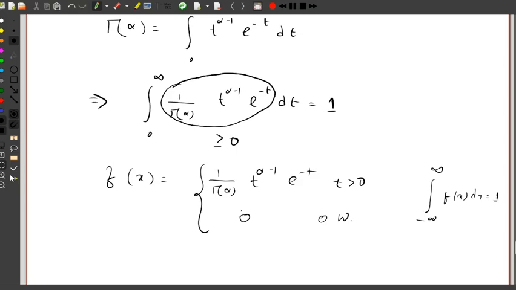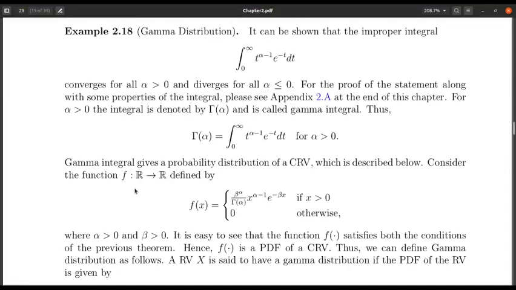So this function integrates to 1 and is greater than or equal to 0. That means this small f function is a probability density function of some continuous random variable, and we can define a probability density function like this.